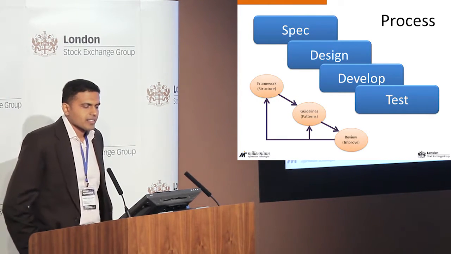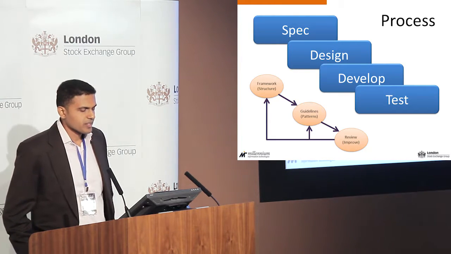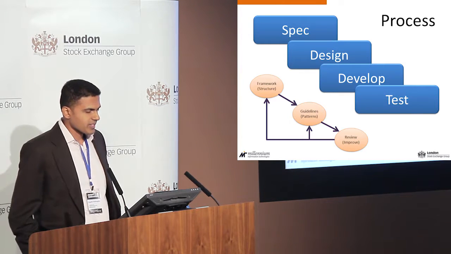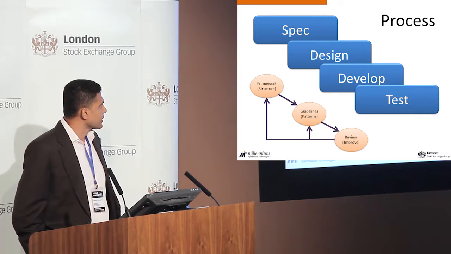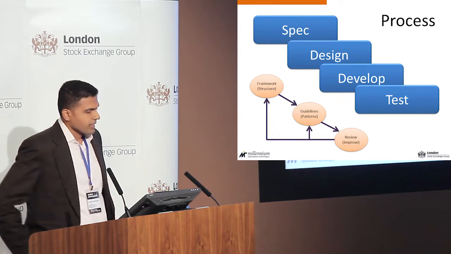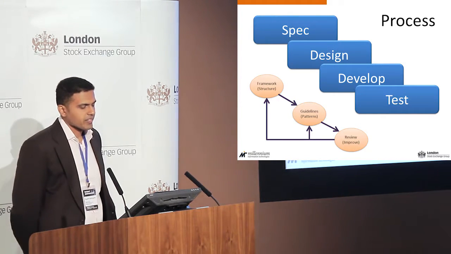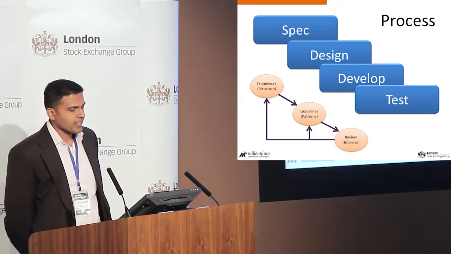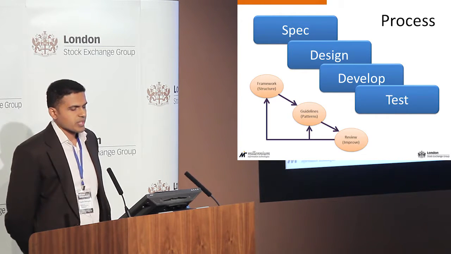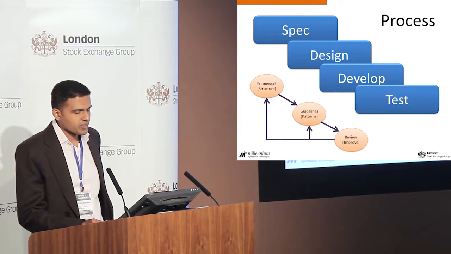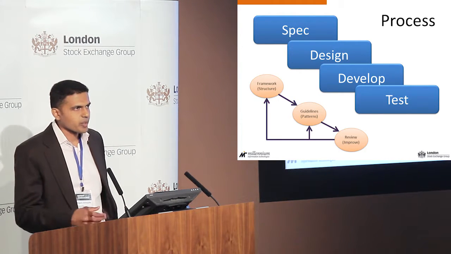And guidelines, a bunch of guidelines in place to make sure we actually follow those patterns as prescribed. And in the development case, with the code review process, we make sure we adhere to these guidelines in coding, usage of different frameworks, and feed any findings back to the framework and guidelines and keep on improving the process.